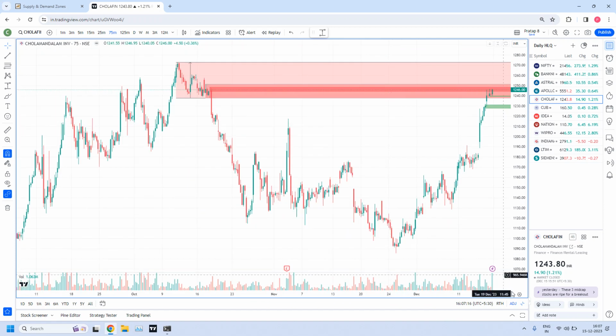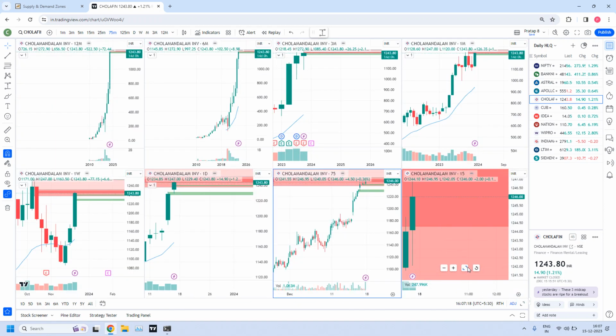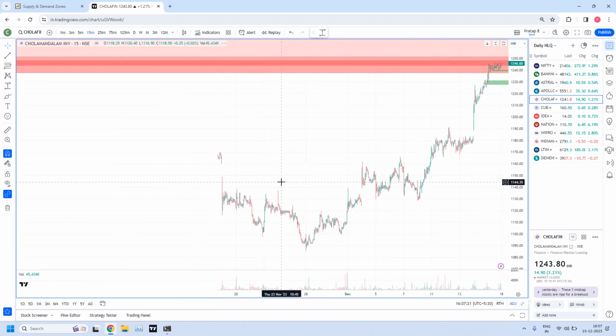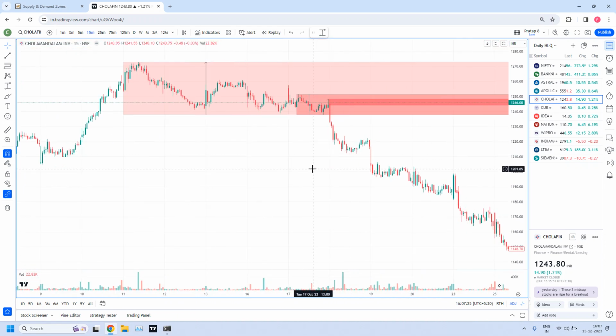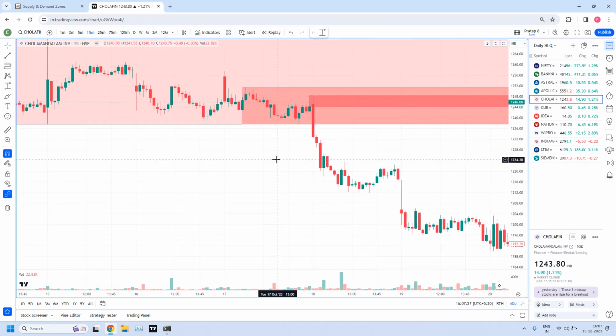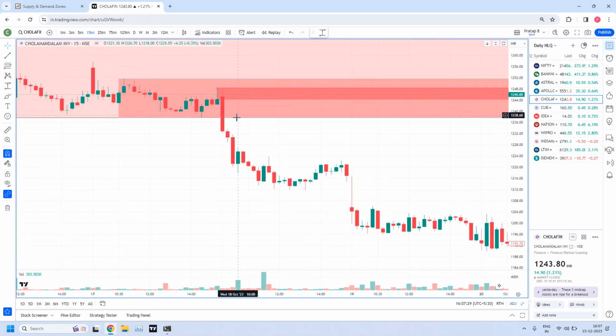Again we went one more time frame below, the 15 minutes time frame. All these steps I explained in yesterday's video; same procedure we are following. Here we have a drop, 4 base candles and a drop.